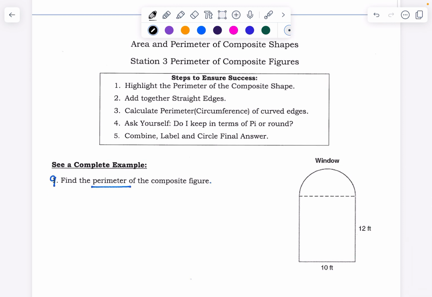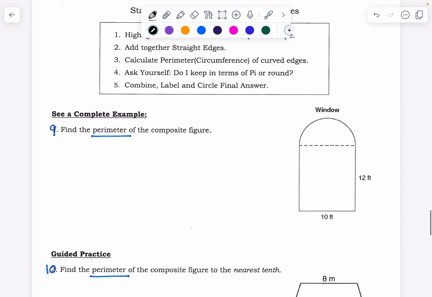9, 10, 11, and 12 are going to be all about perimeter problems, okay? So for the perimeter, I'm going to outline it. These are going to be a slam dunk. The dashed line is not part of the shape. If this side is 12, then the opposite side would be 12 as well.